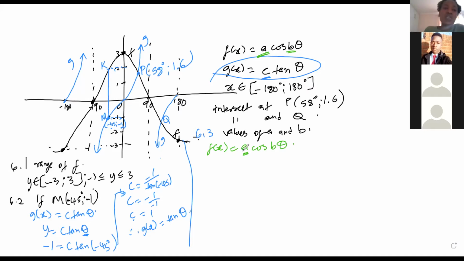So can you see the height of the graph? It is 3. That means A is 3, so this is 3 cos B theta. And then we said B is the one that changes your period.